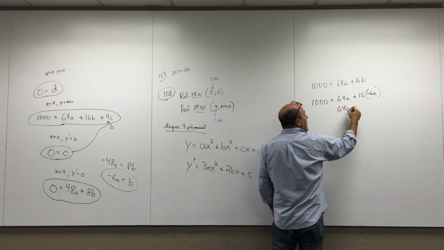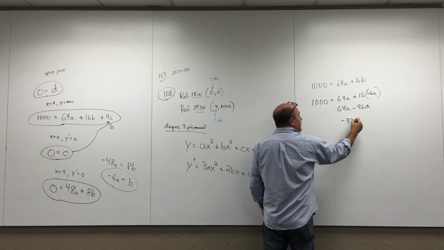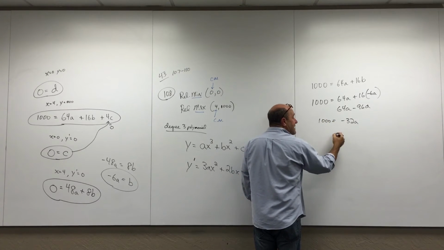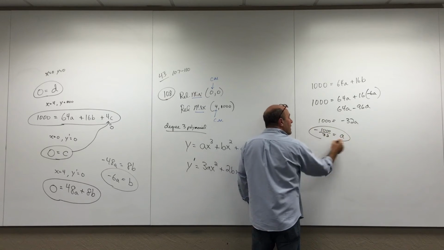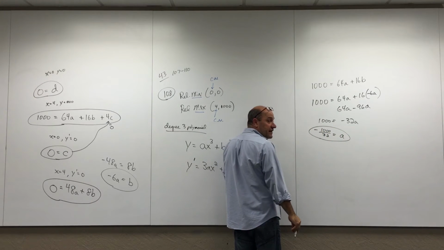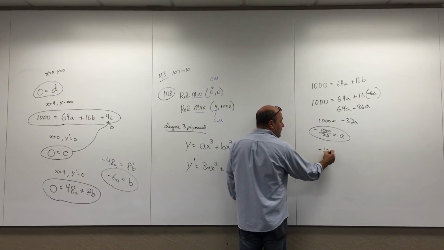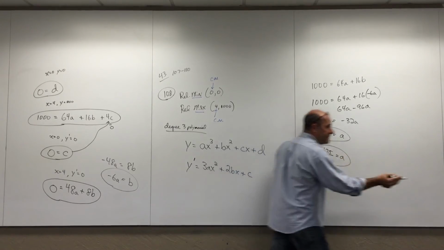This is 64a minus 96a. That's negative 32a equals 1,000. If you divide, a is negative 1,000 over 32, or that reduces to negative 125 fourths, I guess.